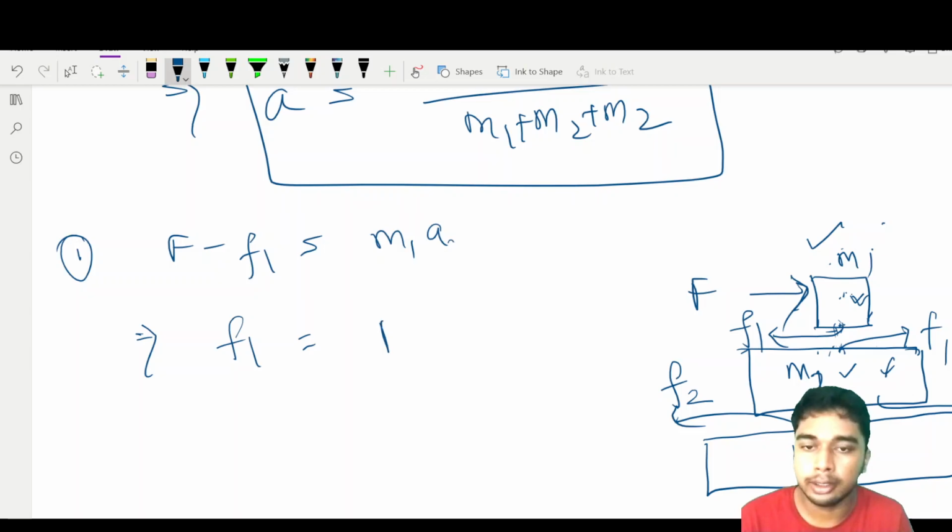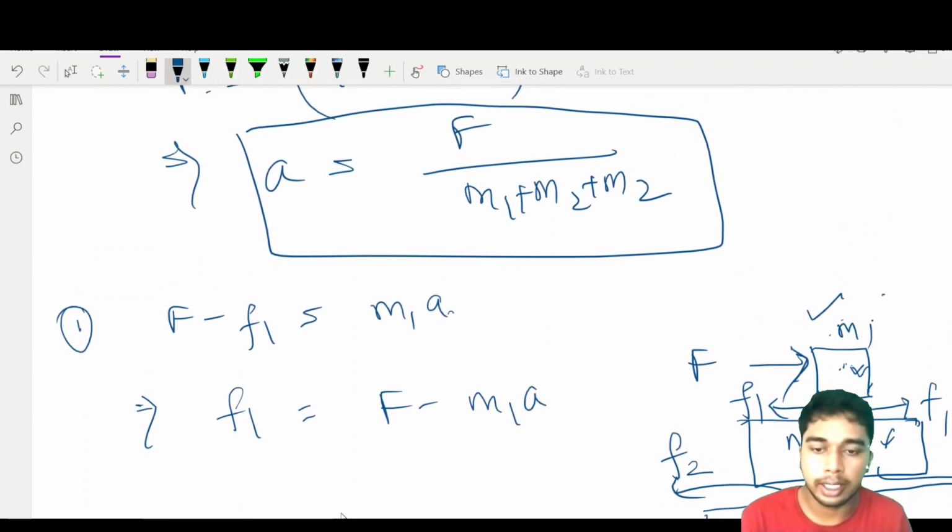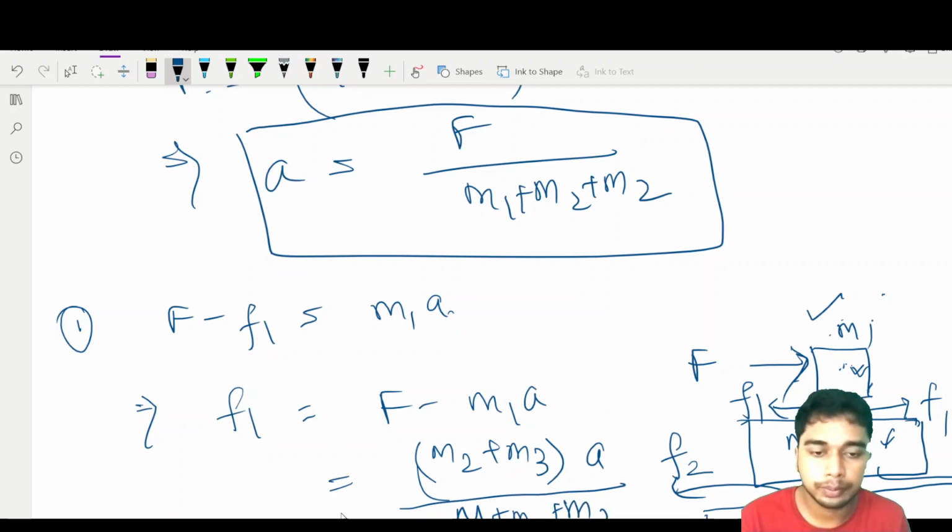So f1 I simply write as F minus m1 a, and I have already calculated what a is. So m1 will be cancelled out, and this will be m2 plus m3 times F divided by total mass m1 plus m2 plus m3.